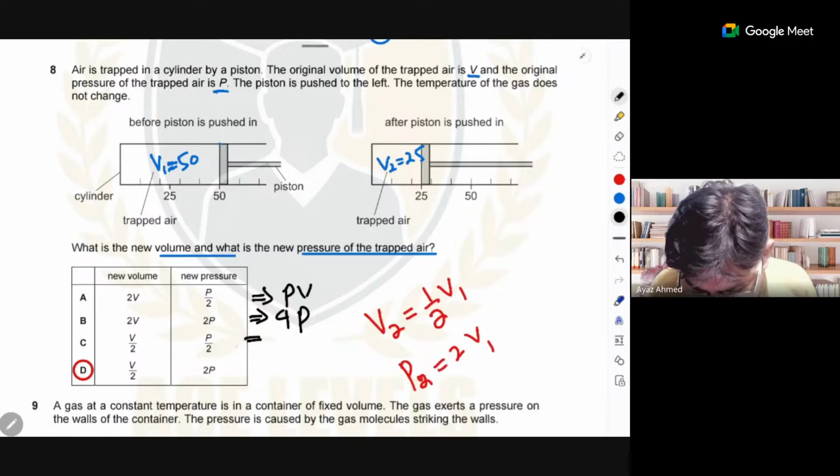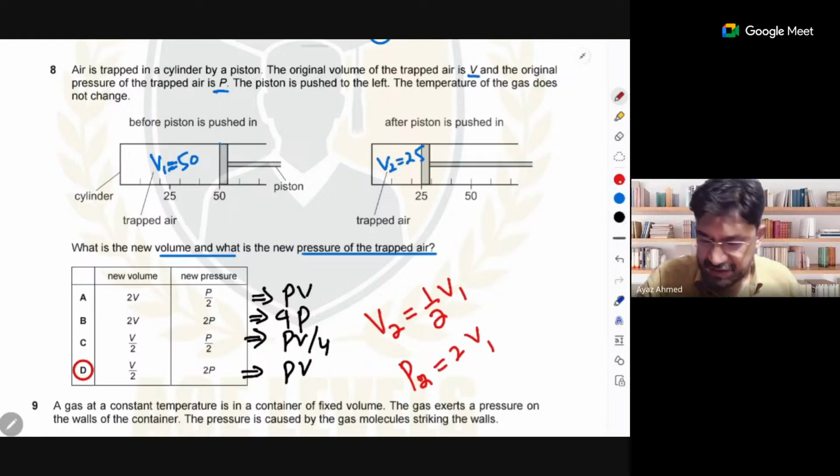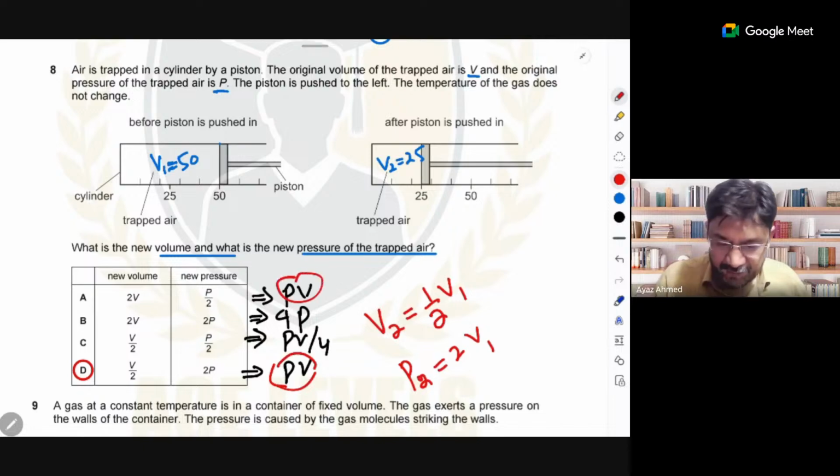What will be the right answer here? PV by 4, right? What will be the right answer? PV. Now you will be trapped in option A and option D, because both give you that the pressure and volume product is constant. But here the logic tells you that your volume has been reduced. That is why this will be discarded and D will be selected.